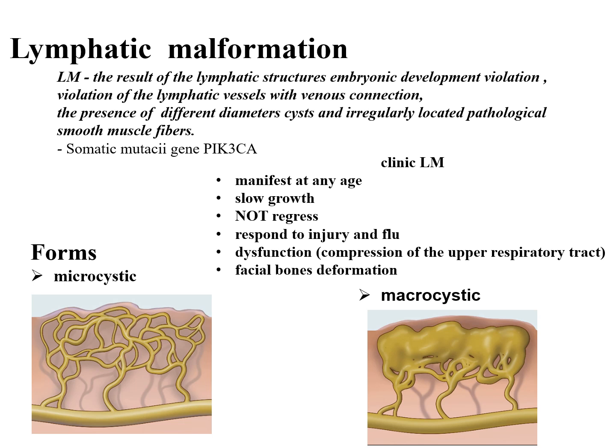Also, it can lead to dysfunction because lymphatic malformation is mostly located in the lower third of the face and can be under the tongue. If we see a lymphatic malformation under the tongue, it can lead to compression of the respiratory tract.